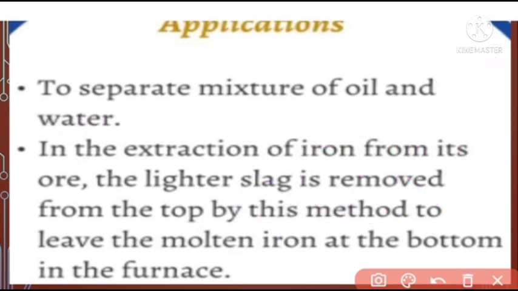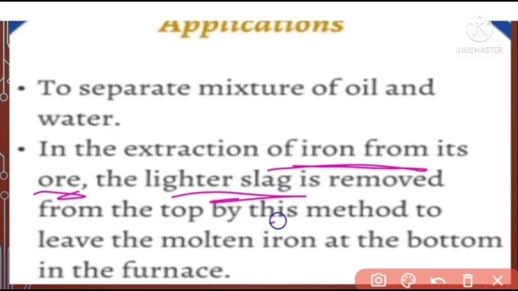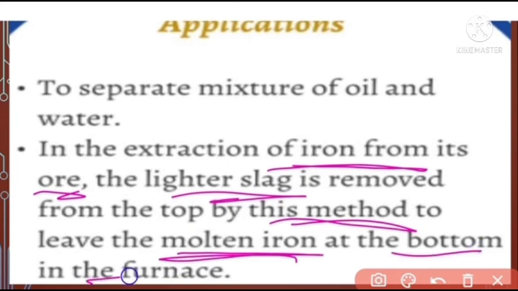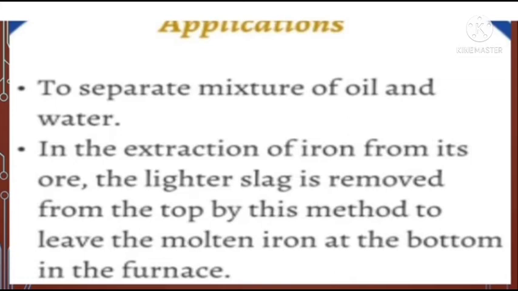Then, in the extraction of iron from its ore, the lighter slag is removed from the top by this method, leaving the molten iron at the bottom of the furnace. Because molten iron has a high density, it settles near the bottom of the furnace, and the low-density slag is removed from the molten iron. So it is a method used in the metallurgy field.